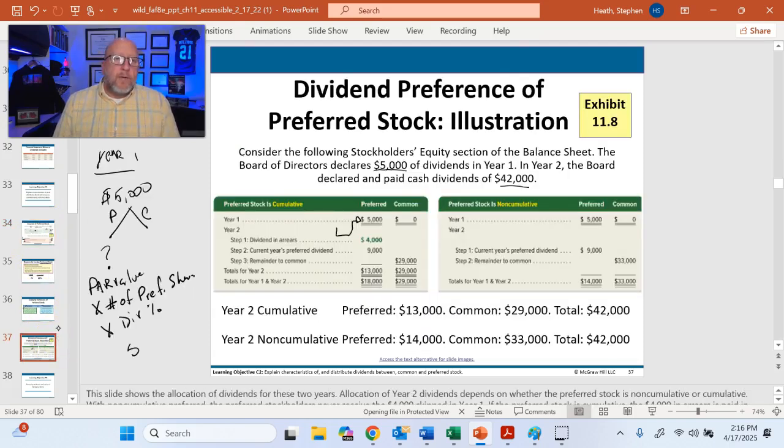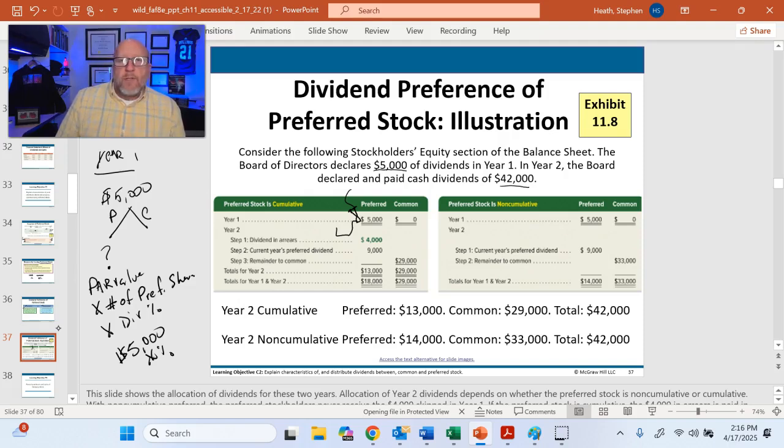So I at least know that there is $5,000 worth of par value, and these preferred shareholders are going to get some dividend percentage, but it doesn't look like they're giving it to us in this question. All they're really telling us is that the preferred shareholders are getting the 5,000 dividend payment in year one.